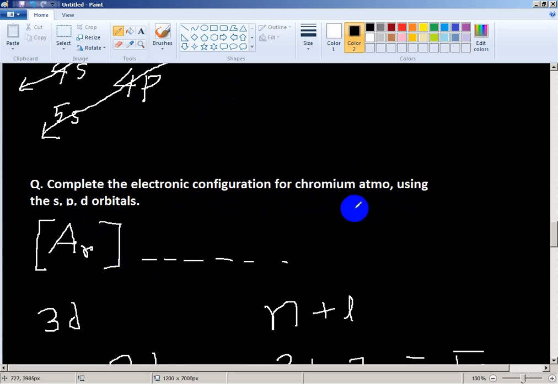You will complete the rest. 18 electrons are already given, so if you write argon, you don't need to write its electronic configuration. Write the next things. Complete the electronic configuration of chromium, and submit to my WhatsApp number.